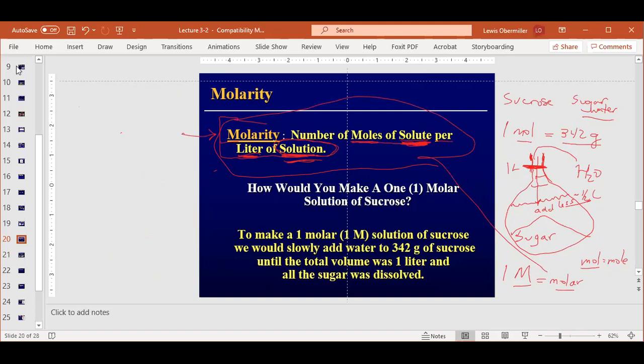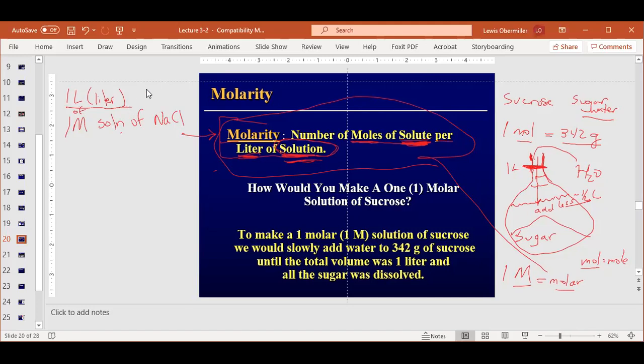Okay, so one more thing I want to say about molarity. We just made a 1 molar solution. We made 1 liter of a 1 molar solution of salt, right? But let's say we don't need that much.